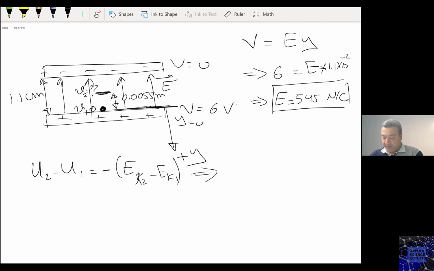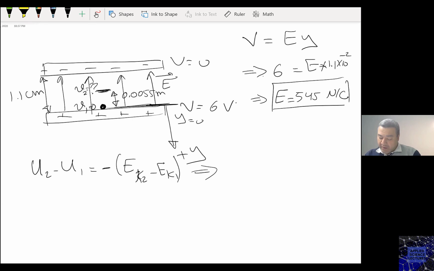So the reference is at V1 equals 0, which means this is my reference, that charge. How much is U2?